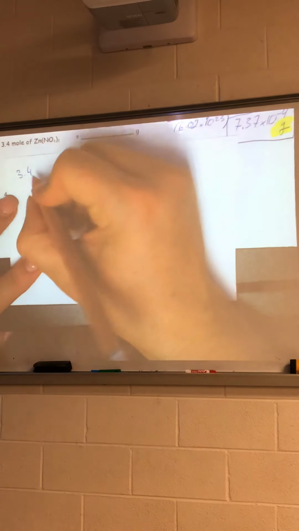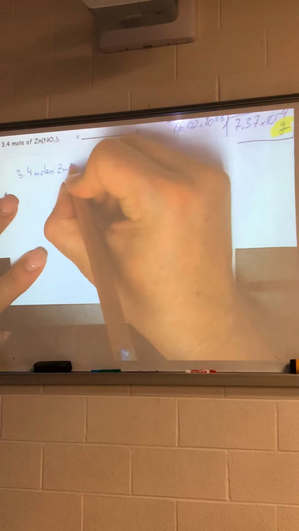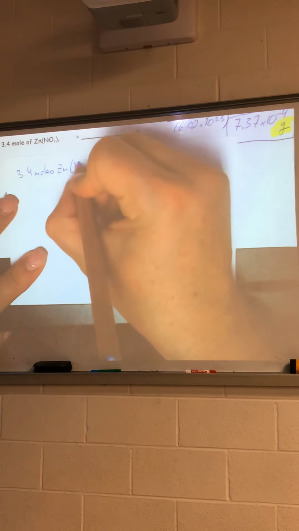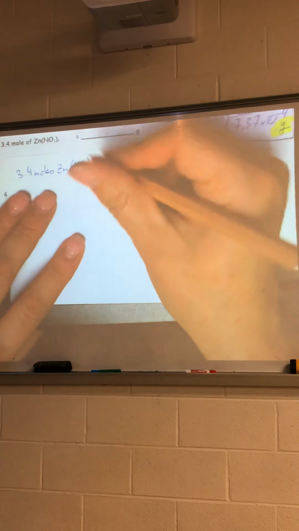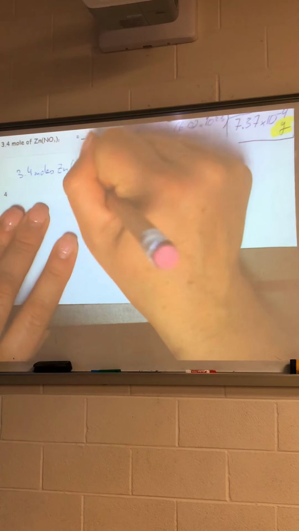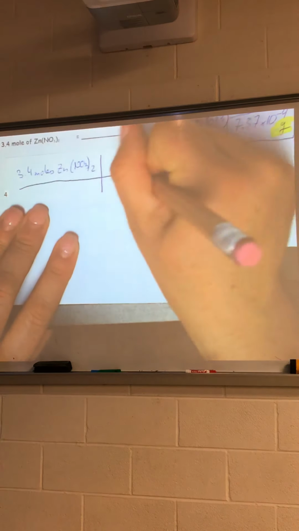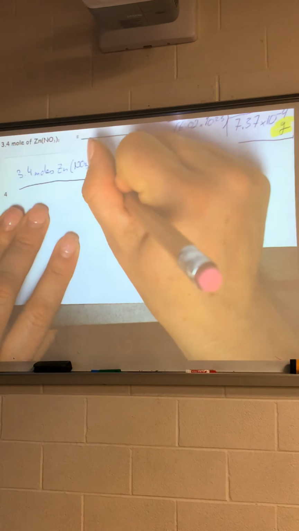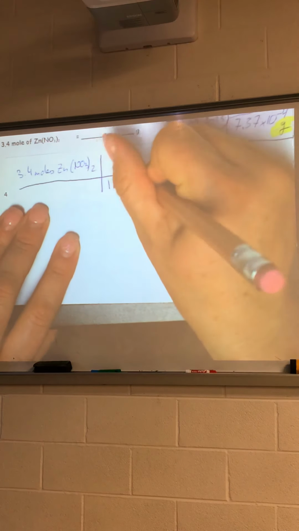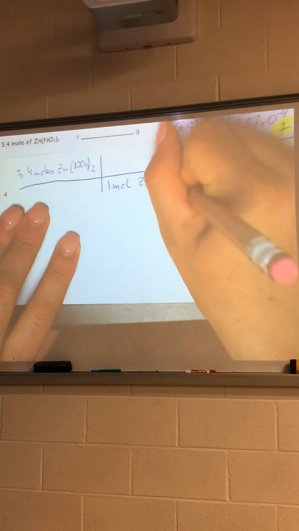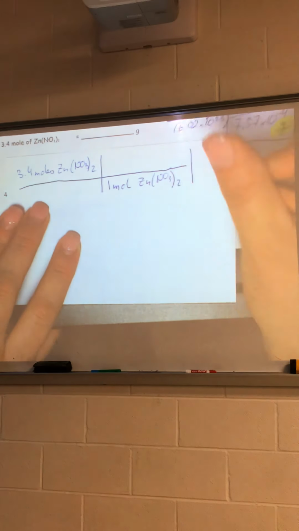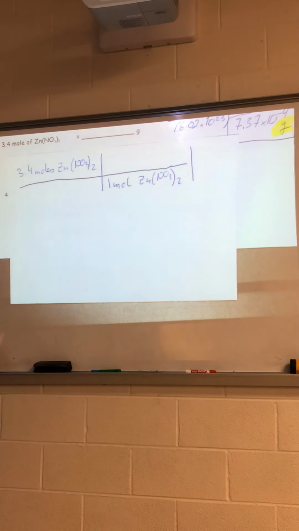I have 3.4 moles of zinc nitrate. And I want to go from moles to grams. So I know that 1 mole of zinc nitrate is how many grams? So what do I need to put on top, guys?